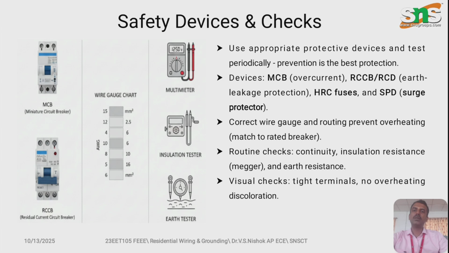Also, correct wire gauge and routing prevent overheating. Due to unwanted or additional flow of current, heating is created in the equipment, and that will be avoided with the help of wire gauge and routing methods.